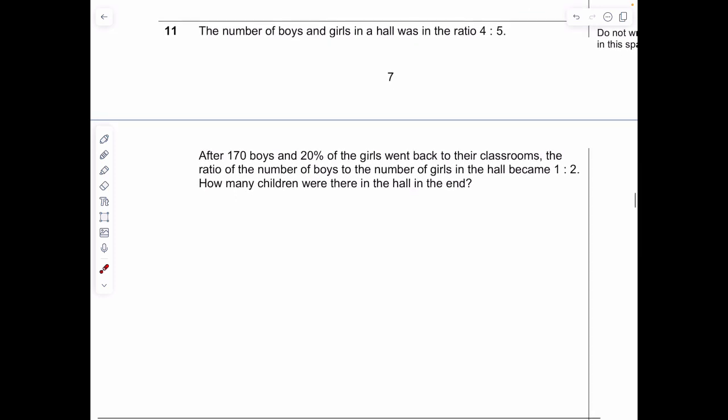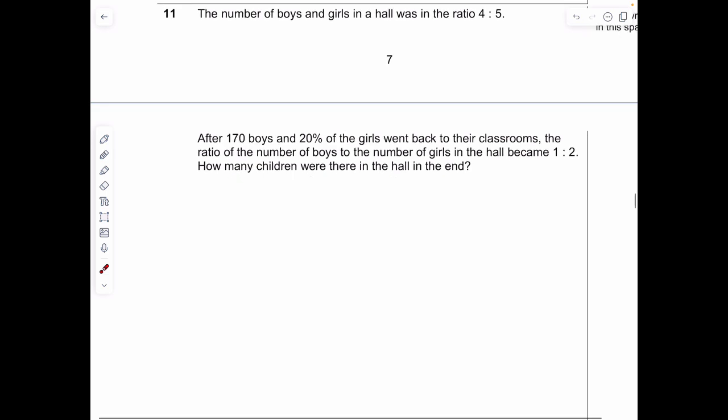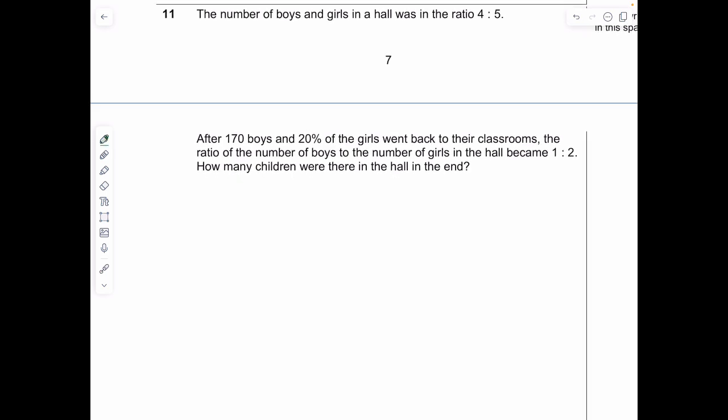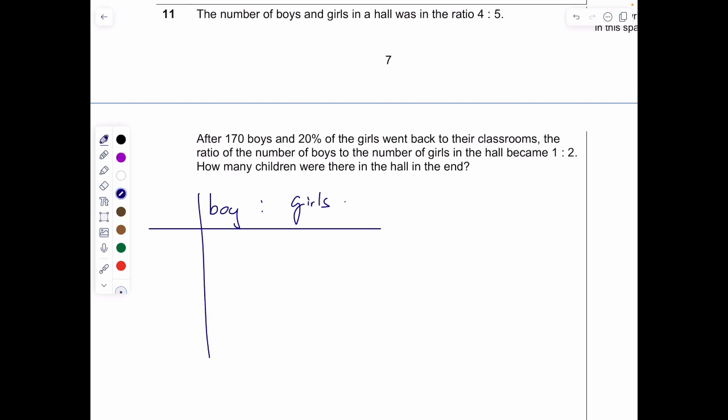Okay, so this one we can use the all variables change. So we know that to do that, we would have, at first, the boys to girls.